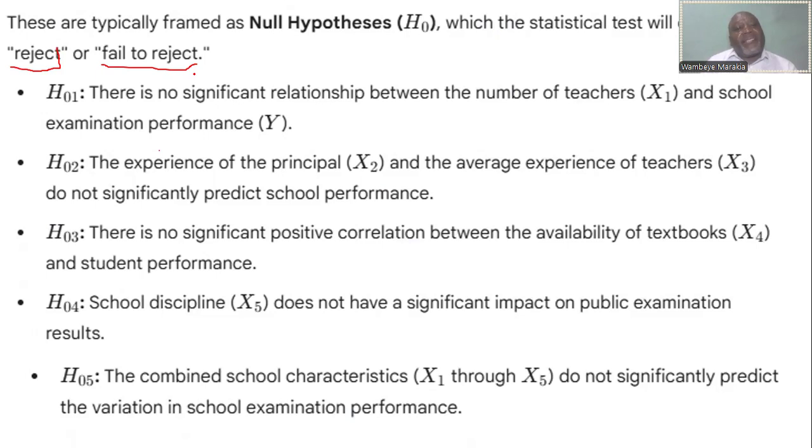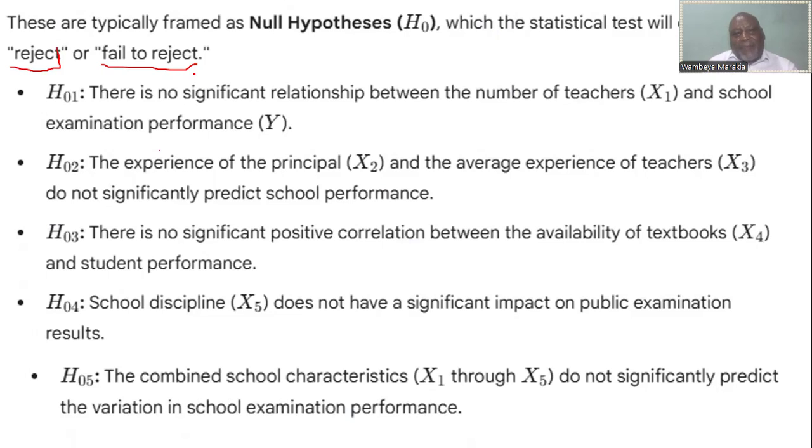The second null hypothesis is that the experience of the principal and the average experience of teachers do not significantly predict school performance. The third null hypothesis is that there is no significant positive correlation between availability of textbooks and student performance.